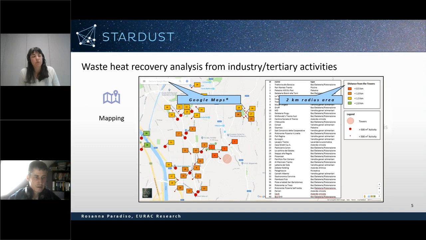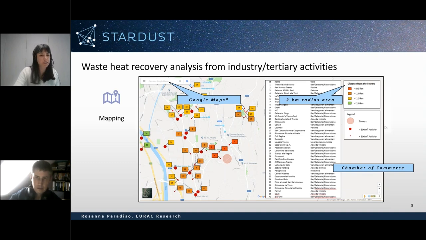Since the distance is a parameter that affects the economic figures, we started with 2 kilometers as a tentative value. We also contacted the Chamber of Commerce of the province of Trento in order to get more detailed information about the activities in the area.